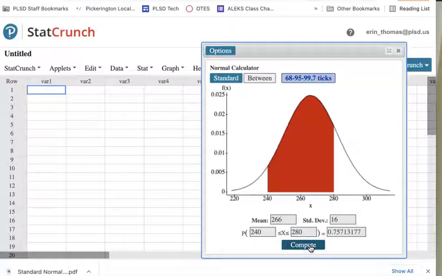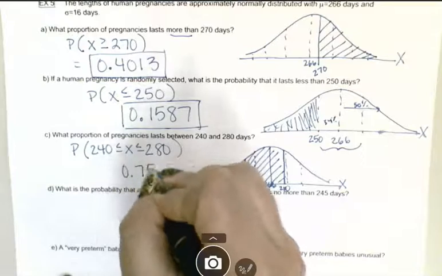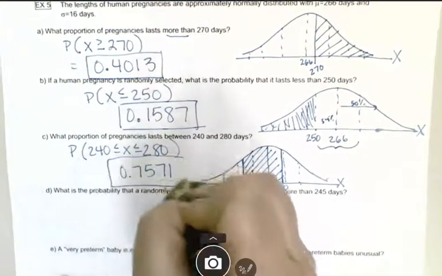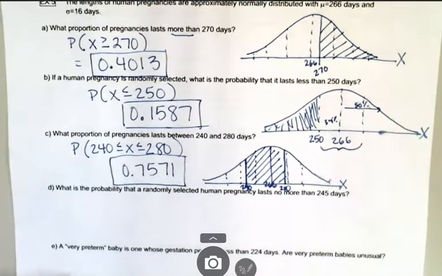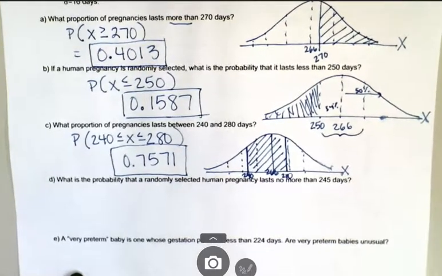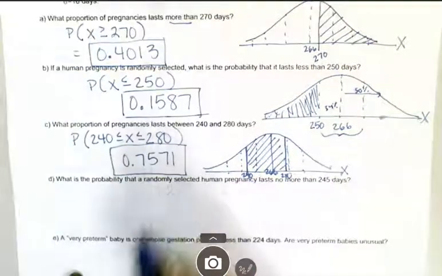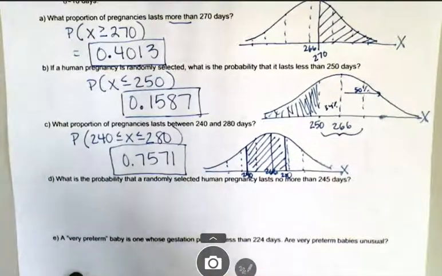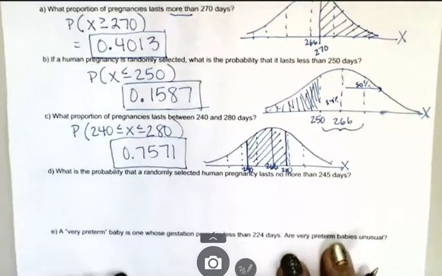Click compute, and it gives me my answer, 0.7571. Again, please keep in mind that if you are checking answers with the appendix, they may have done it using the table, and the answers might be slightly off. We are using StatCrunch for everything except the ones I tell you to. So your answers should match my answers, is what I'm saying there.